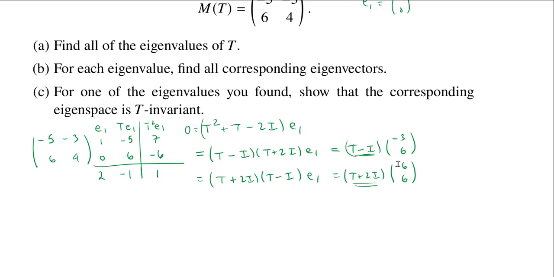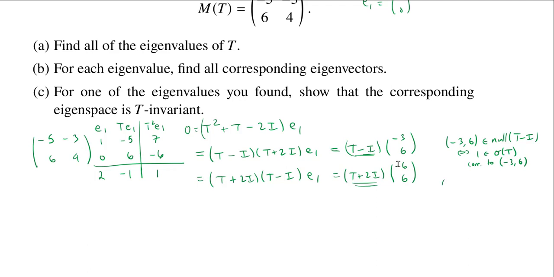Because we know that if I apply T minus I to (negative 3, 6), I get 0, which means (negative 3, 6), which, by the way, we'll go back to writing in row form, is in the null space of T minus I. But this is equivalent to saying that 1 is an eigenvalue of T corresponding to the eigenvector (negative 3, 6).